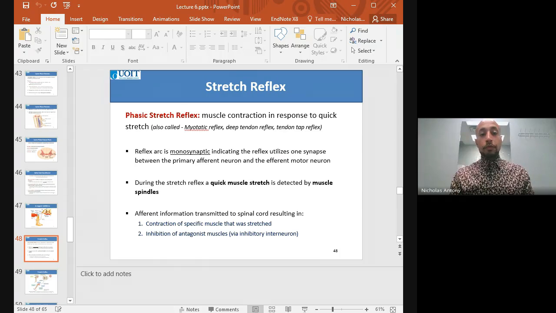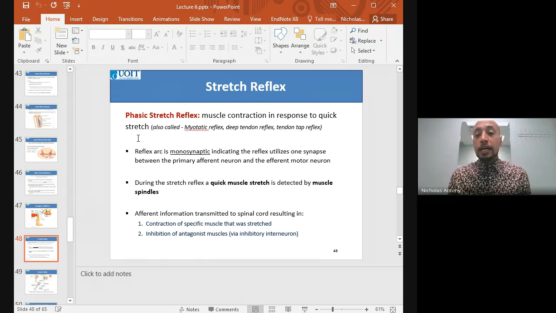Perfect. Okay. Now, the main reflex that we all know about is the tendon tap reflex or the phasic stretch reflex. Do you guys remember that? Tendon tap reflex at the medical doctors? The knee one, yep. That's true of all muscles.